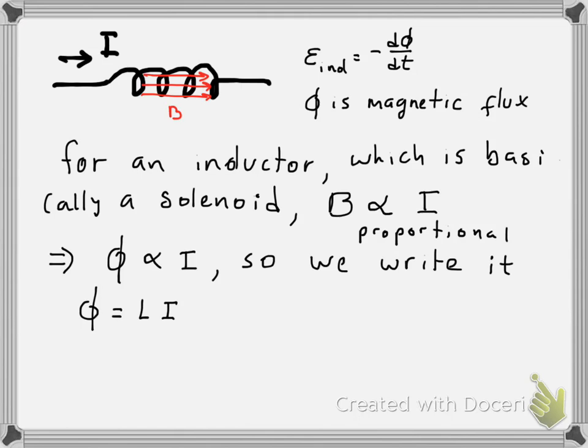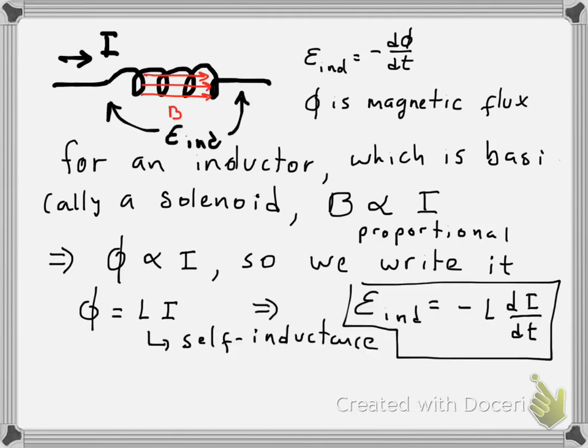We can write this proportionality as an equation: the flux is equal to a proportionality constant that we call L, multiplied by I. That L is what we called before the self-inductance. So using L, the induced EMF generated across the two sides of an inductor is equal to minus L dI/dt.